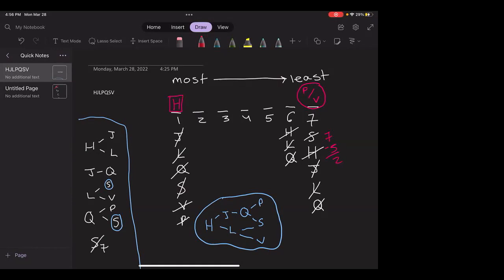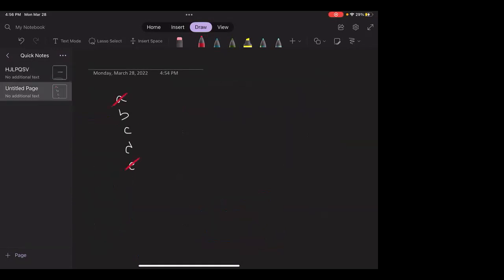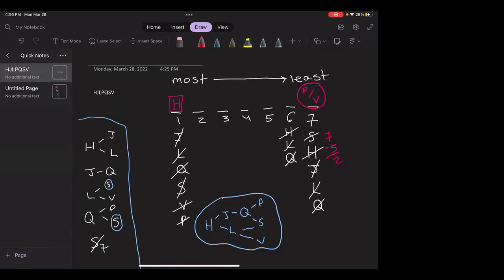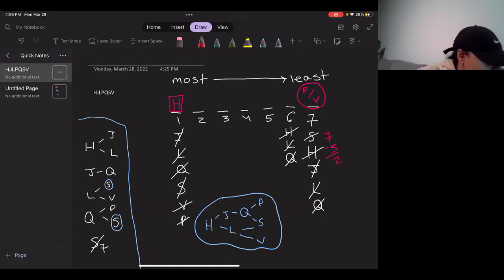So we're only now dealing with B, C, and D. With that first rule, is it satisfied with B, C, and D? Yes. Right. So we hop onto the next rule and see if there are any violations. Where it says that J is more popular than Q, I know that J has to come before Q.